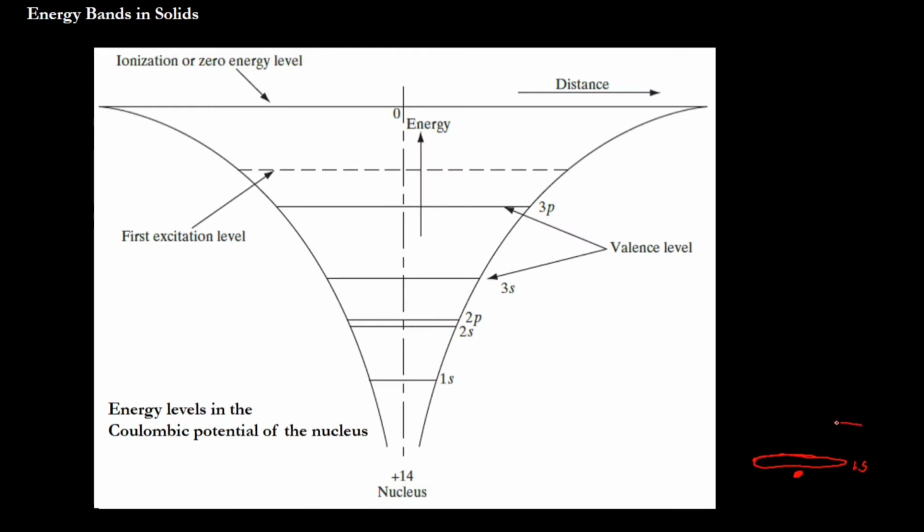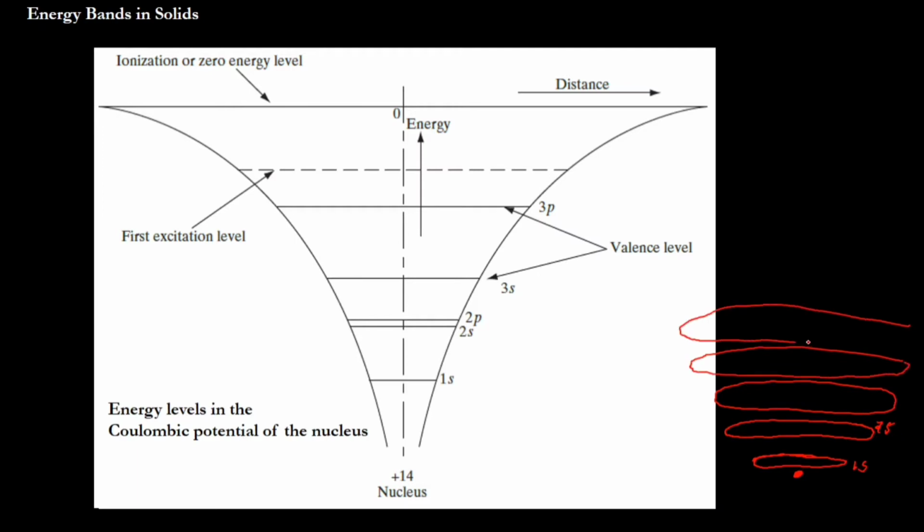Definitely energy is less in 1s compared to 2s, and we have 2p orbits, 3s orbit and 3p orbit. So according to the energy level, the energy increases as you travel from the nucleus towards the outer orbit.